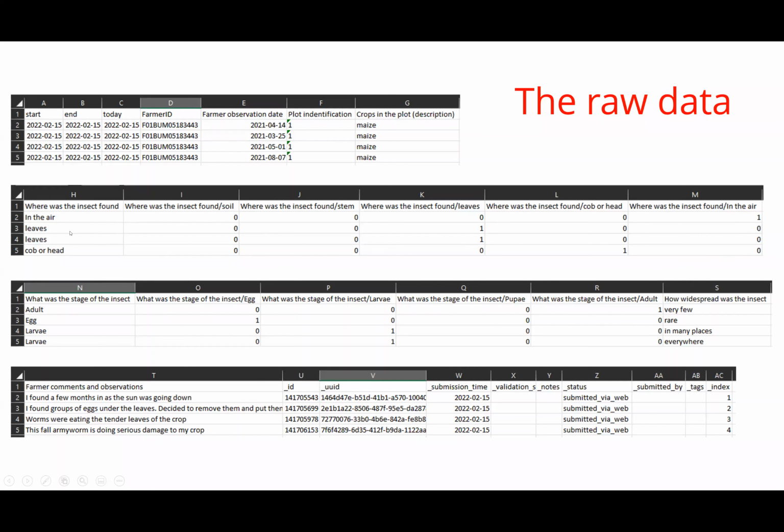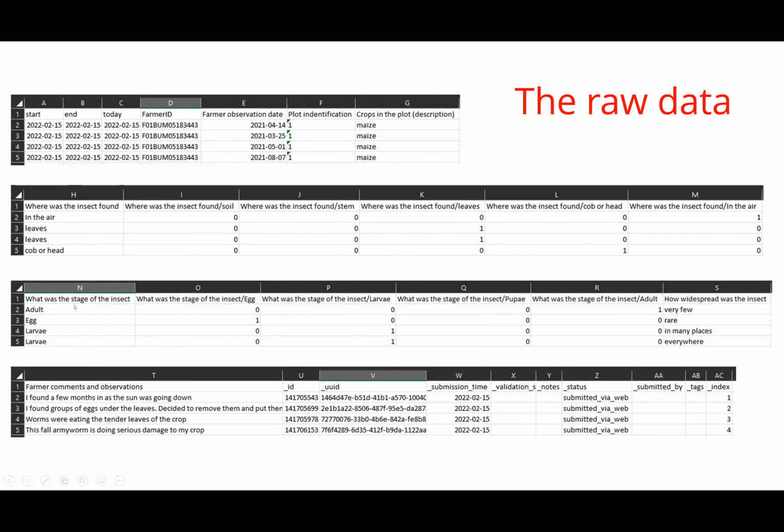So it gives us the information in two ways, in a single column in text and in separate columns as 0, 1. Now you notice here that column K has a number 1 when it was found on the leaves, and that's indicated by the heading. And then when it is the cob or the head, it has a number 1 here and 0 everywhere else. This is a standard way of registering information that comes from multiple possible answers.